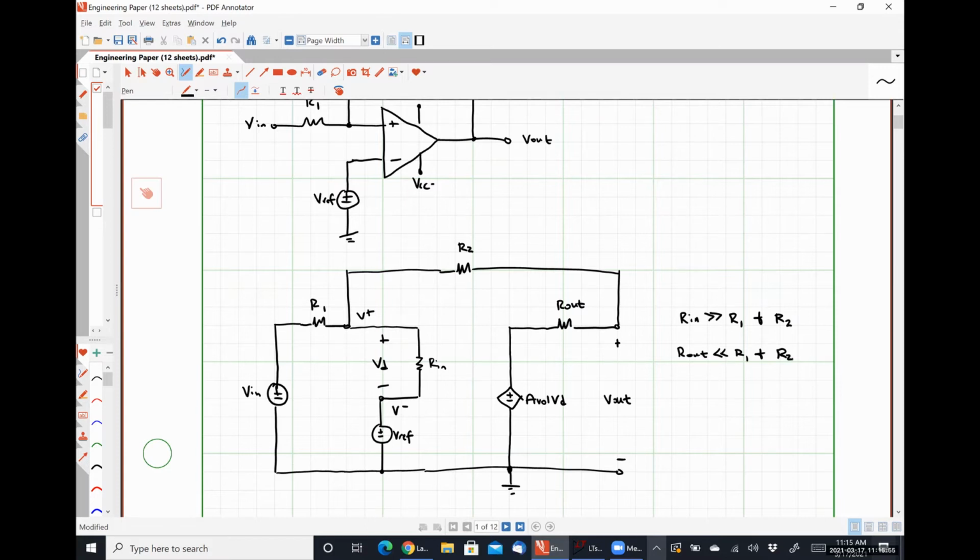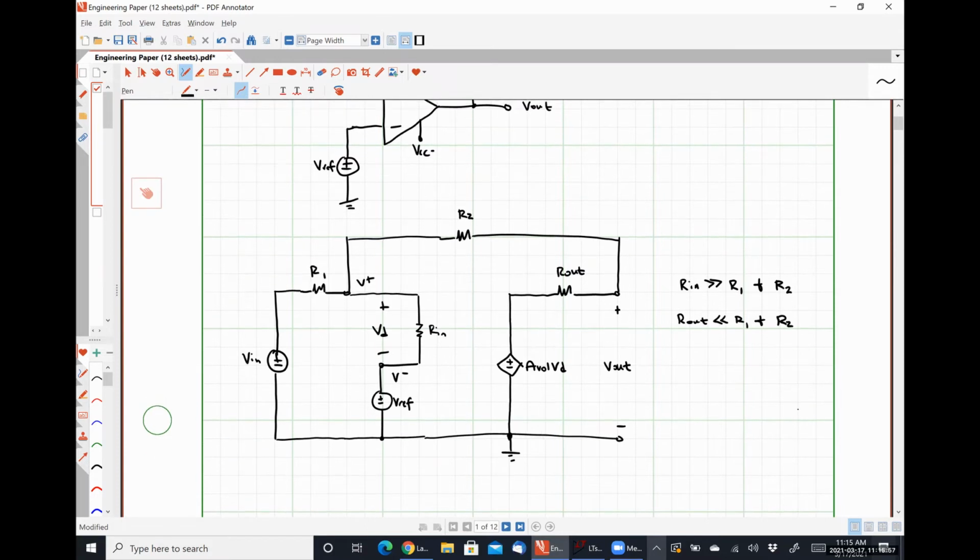So what I'm going to do is apply Kirchhoff's current law at my non-inverting input. So I'm going to be adding this current and this current together.